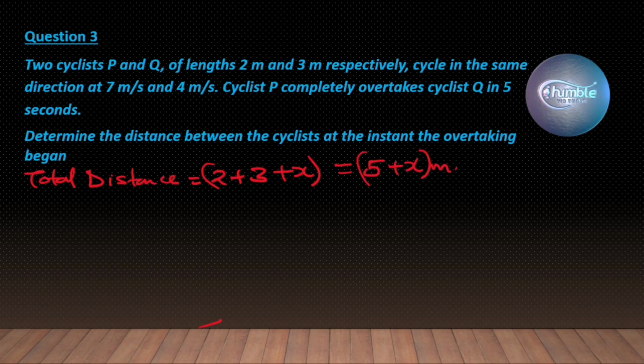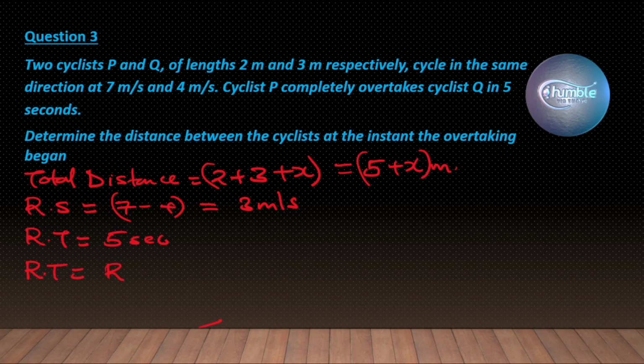Relative speed is the difference between the two speeds, that is going to be 7 minus 4, and this is 3 meters per second. And then we are told that the relative time, that is the time it took the two bodies to overtake each other, is 5 seconds. We know that relative time is equal to relative distance over relative speed.